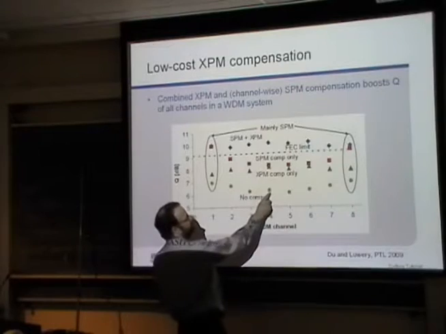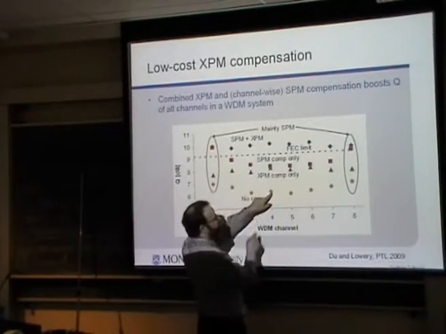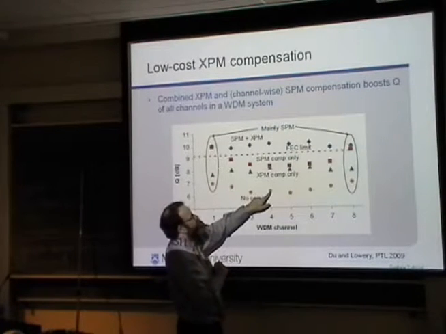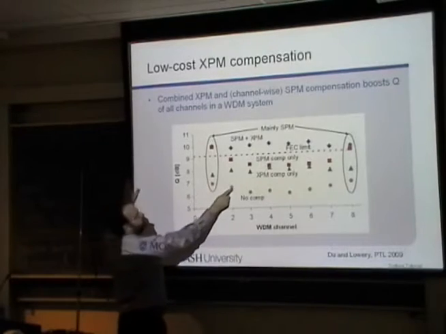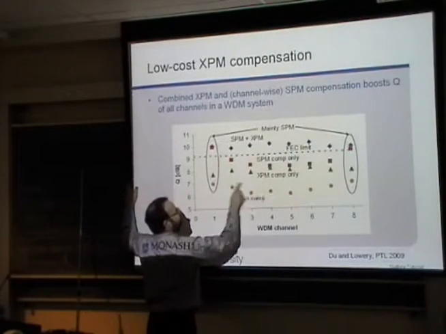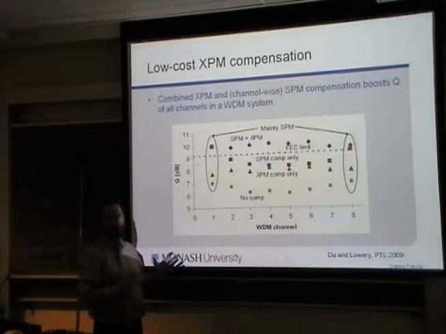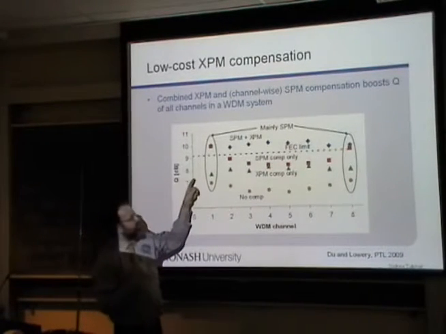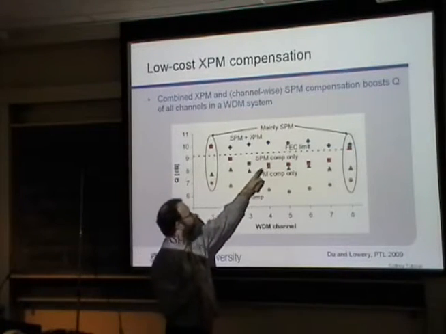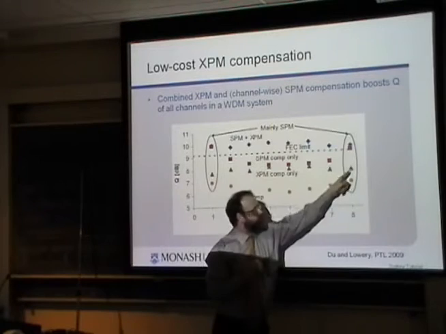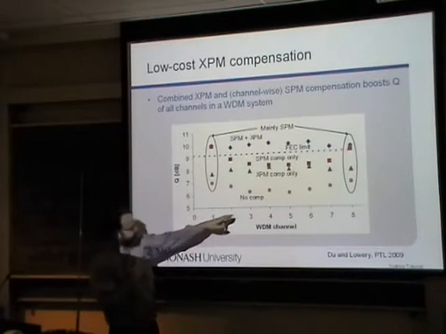So this is very bad because all the neighbouring channels are affecting its quality through cross-phase modulation. The edge channels don't have any neighbours here, so this one is affected by that, for example. If we compensate for XPM by detecting all the channels and applying a phase modulation, we get these triangles, little trees, green Christmas trees, let's say.